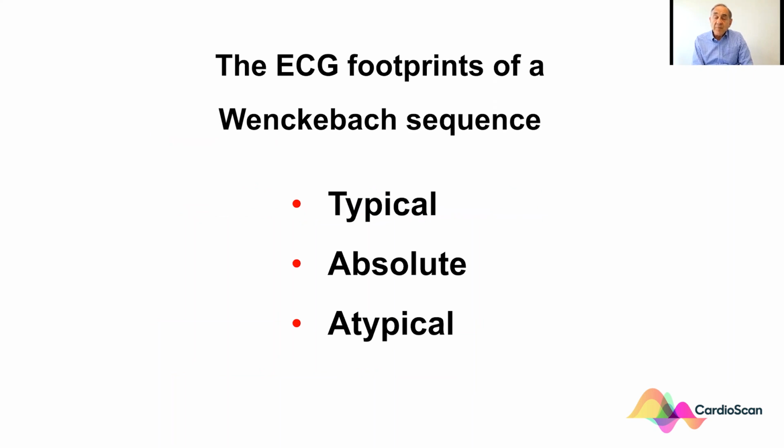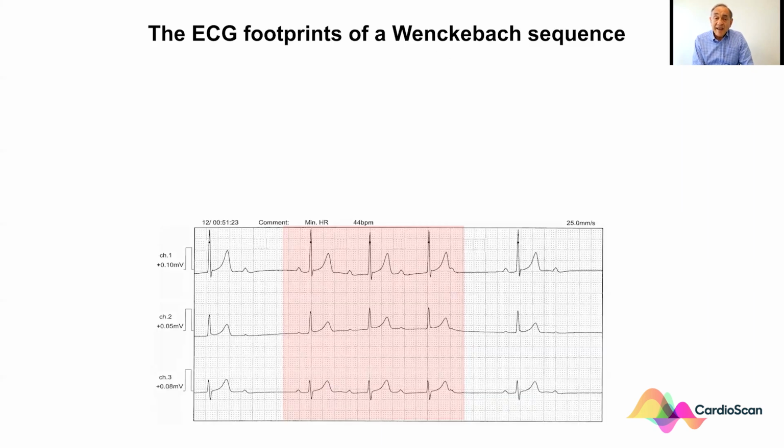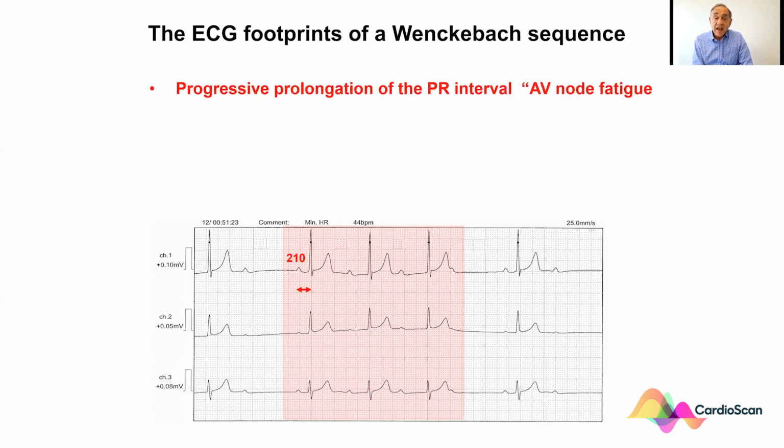I will describe the ECG footprints of a Wenckebach sequence as either typical, absolute, or atypical. The first 2 will be the subject of this talk. So a typical Wenckebach sequence, as you can see here on the electrocardiograph with a red highlight, there is progressive prolongation of the PR interval with AV node fatigue.